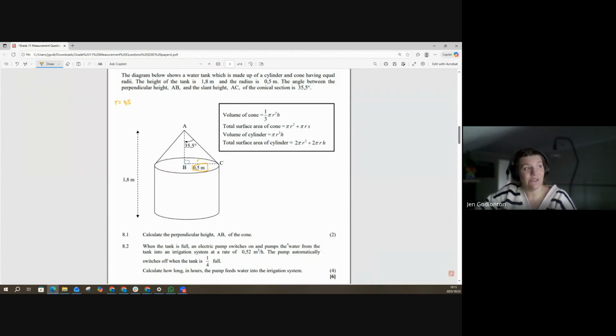The total surface area of the cone, they've told you the volume of the cylinder and the total surface area of the cylinder. Okay. For the first part of this question, so just for 8.1, what they would like you to do is to calculate the height AB of the cone. I'm going to draw something for you.